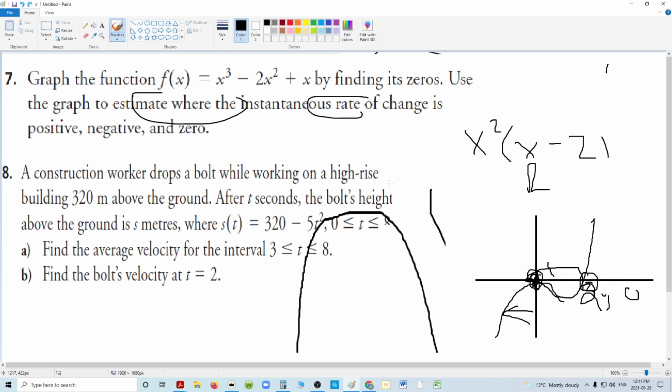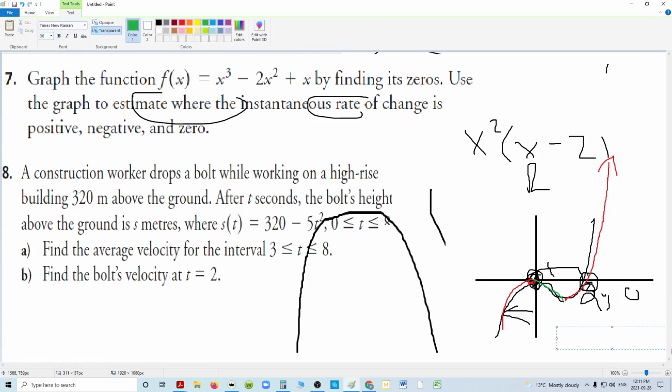So let me put this in proper terms. In red, I'm going to draw where the slope is positive forever. And in green, I'm going to draw where the slope is negative. So that means, in numerical terms, the slope is positive when x is smaller than 0, or when x roughly is bigger than 1, not quite.